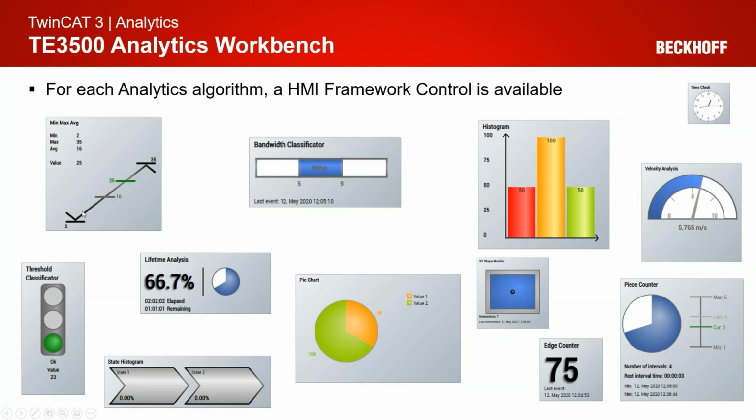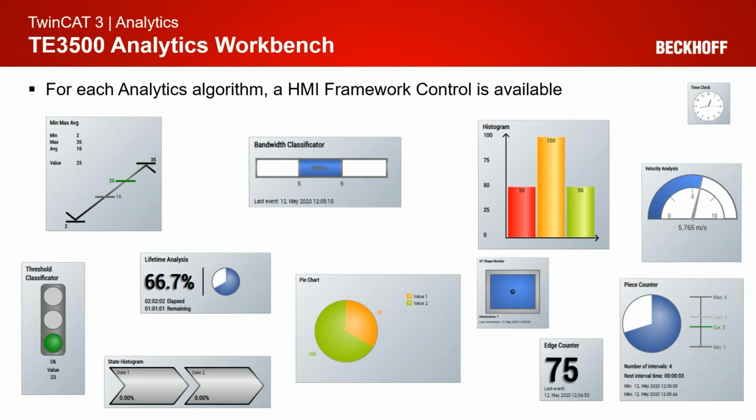Here we have animations for the min, max and average calculations, so that the values move between the minimum and maximum, with the average and current value, for example. Here the lights are switching by the bandwidth classificator.